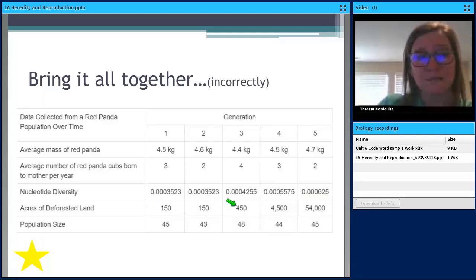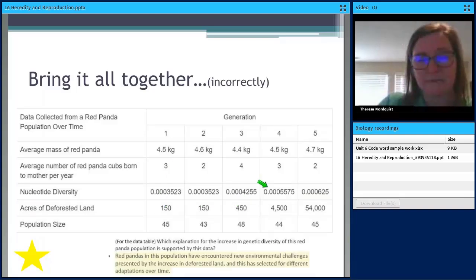Another thing that you could argue is a change is the amount of deforestation that's occurring. That's something that they're changing. Everything else is something that's being measured and recorded. So everything else would be a dependent variable. And they can look to see if generation time is affecting any of these things or deforestation, if that's affecting it.